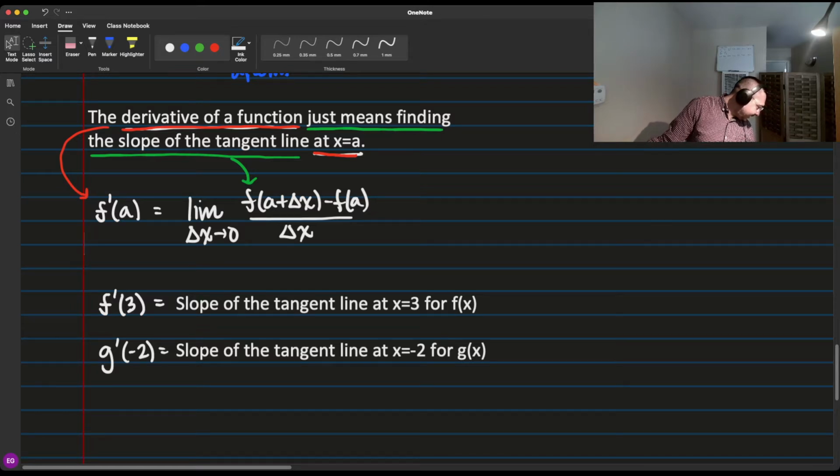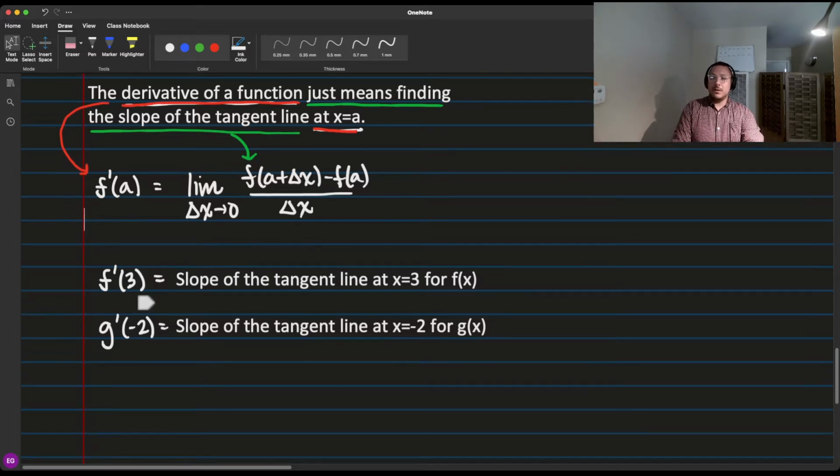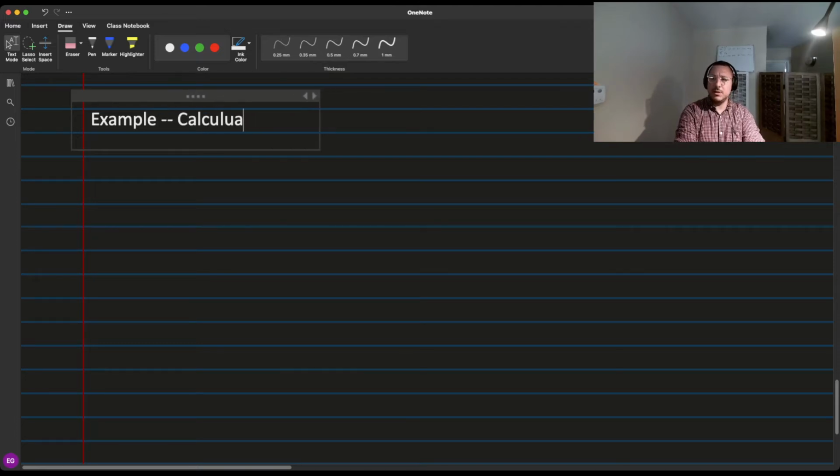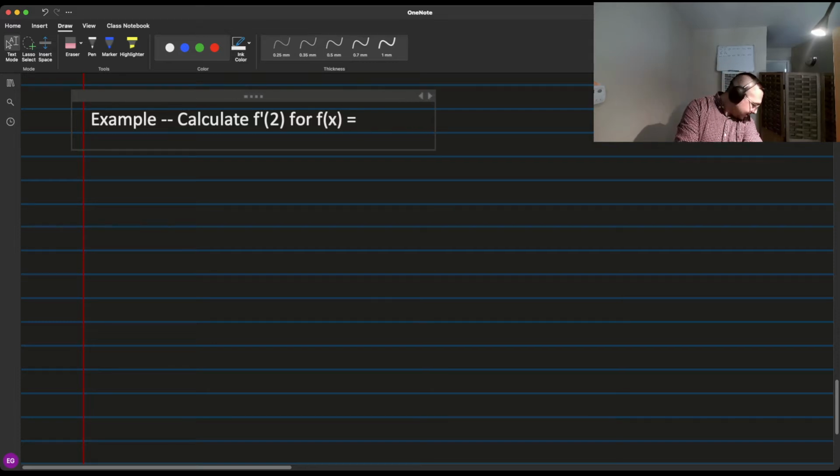So let's calculate one of these. Example: calculate f prime 2 for f of x equals 3x squared minus 4x plus 1.